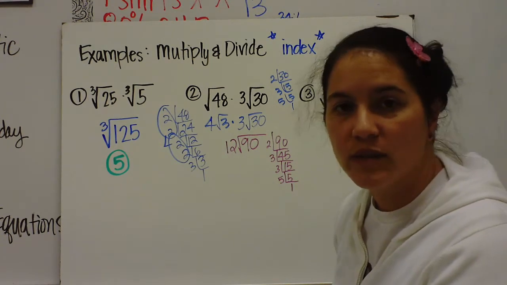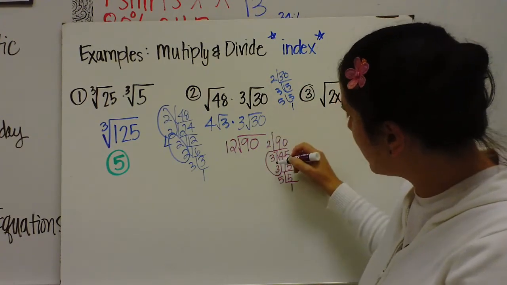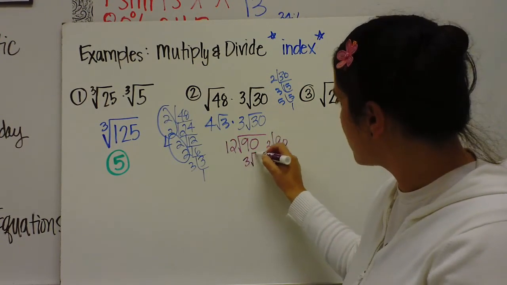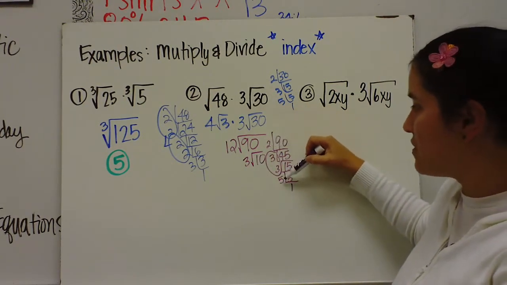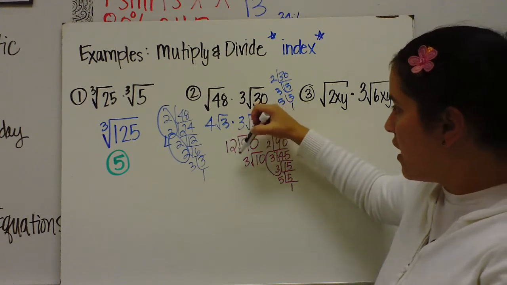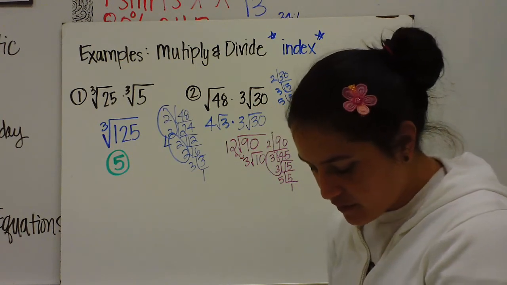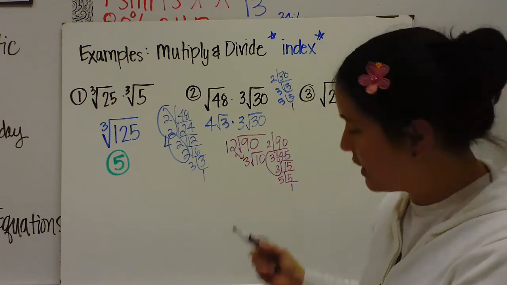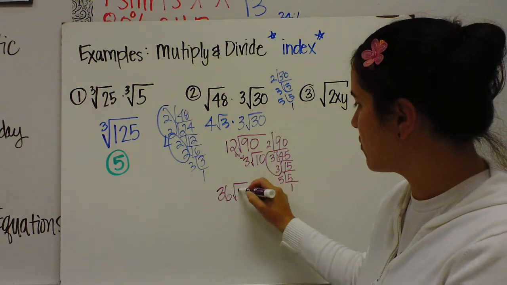3 is 15. Alright, so I've simplified those radicals a bit, and now I have a pair of 3's. So this is 3 root 10. I got the 10 because I multiplied 2 times 5. And now I have 2 numbers on the outside. So I can multiply 12 times 3, and I get 36 root 10.